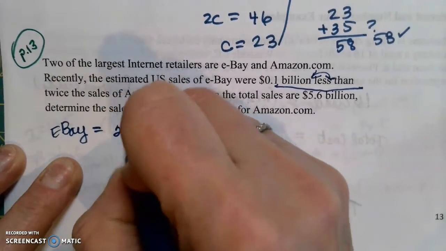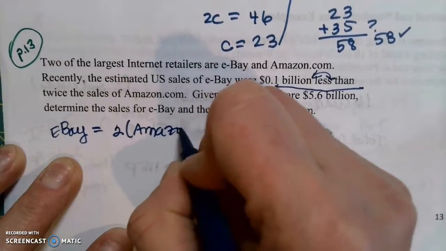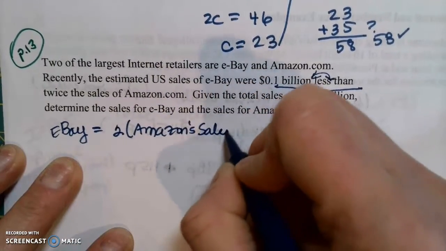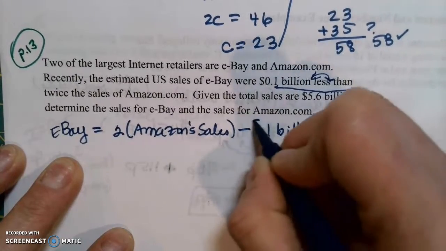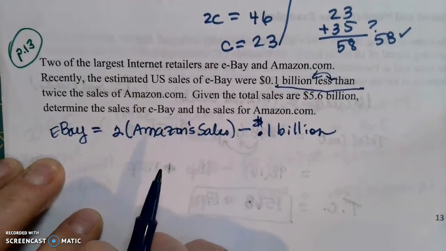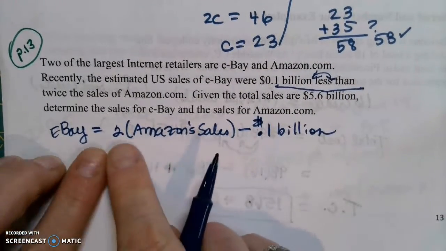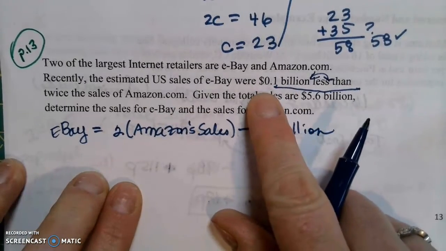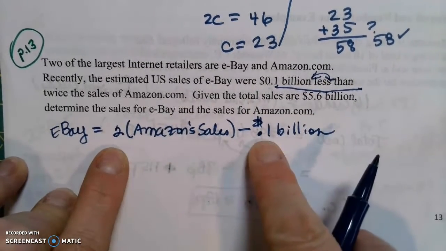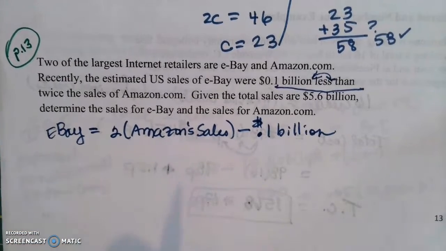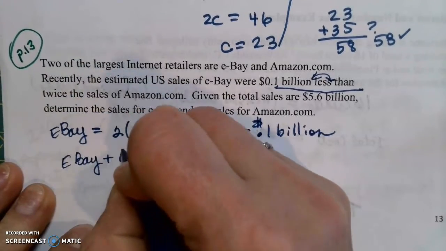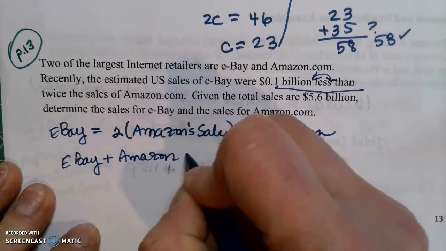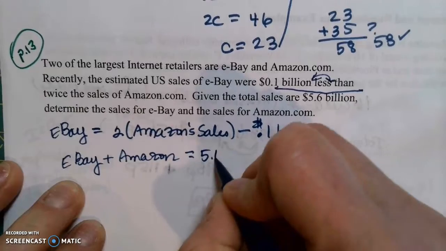So 2 times Amazon's sales minus 0.1 billion is going to be the amount that eBay has. Total sales are 5.6 billion. So in other words, eBay plus Amazon is going to equal 5.6 billion.